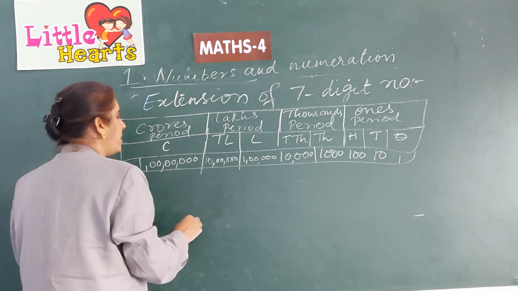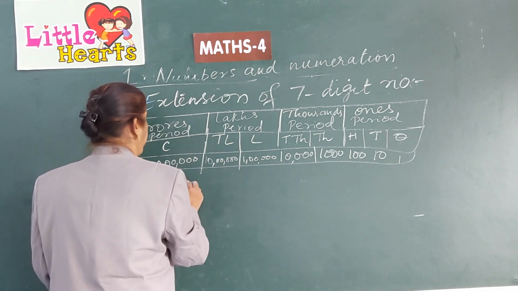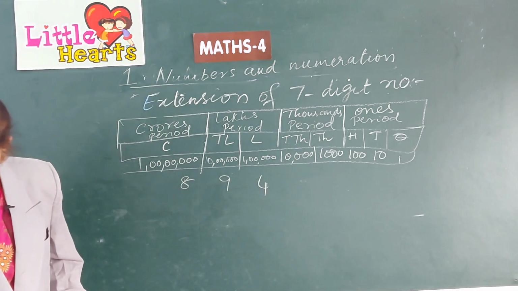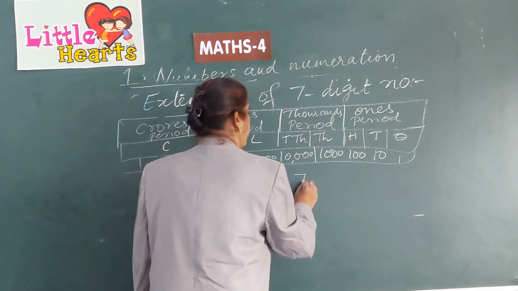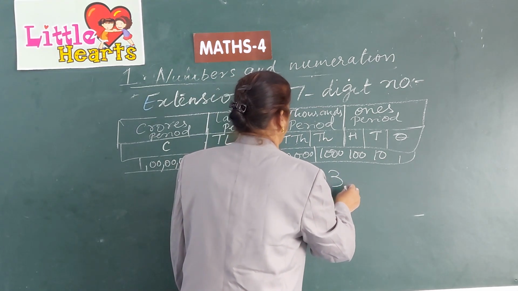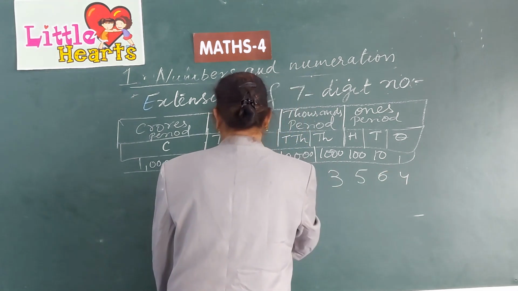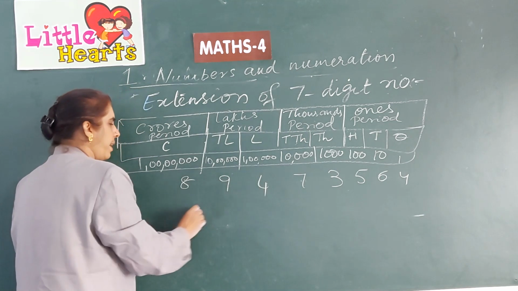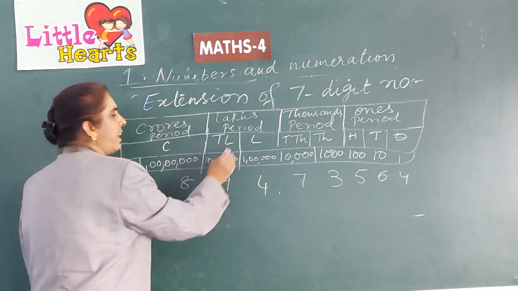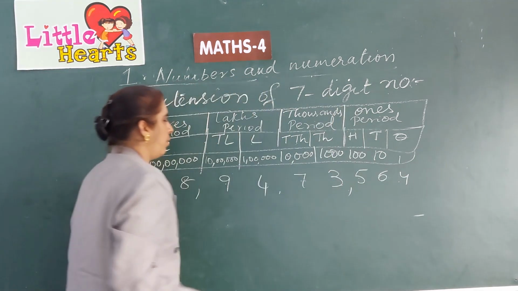According to the place value chart, let us write the number. So, this is read as 8 crores 94 lakhs 73,564.